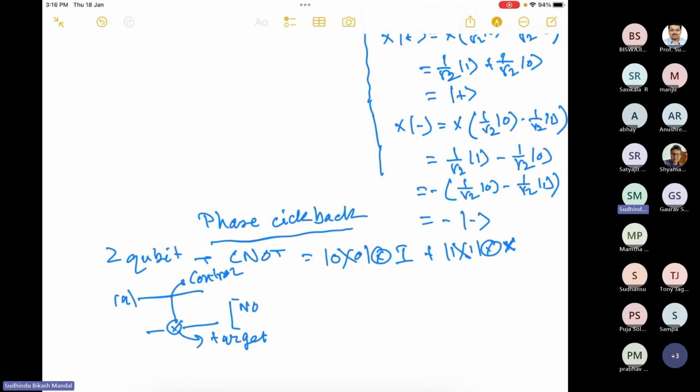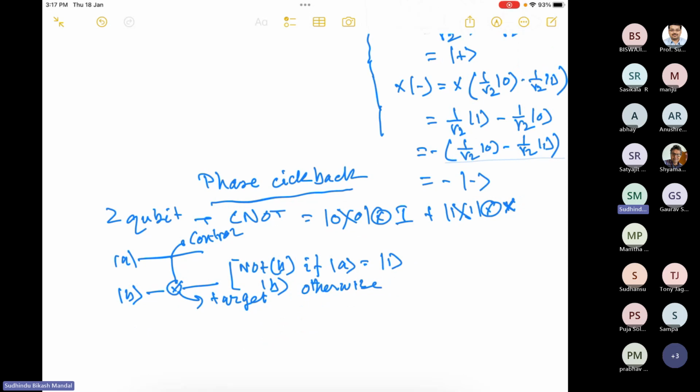Suppose this one is our A and this one is our B. It will act NOT B if A equal to, sorry, A equal to 1, and it is B otherwise. That is the definition. This is the mathematical expression of our CNOT gate, and this one is our definition. So what does that mean? If the control is 1, then the NOT operation will act over this B.